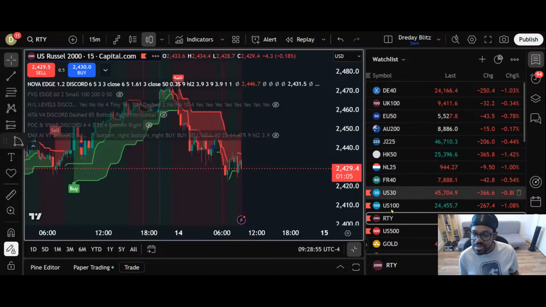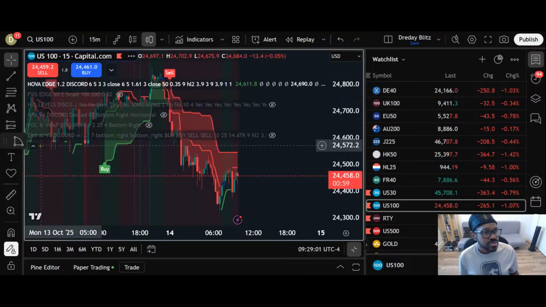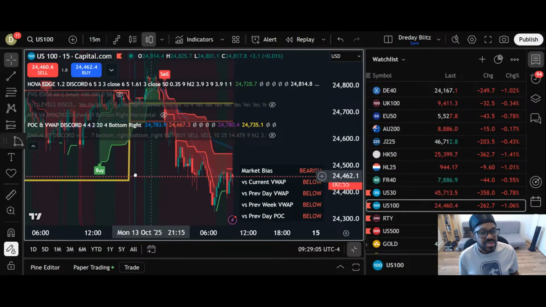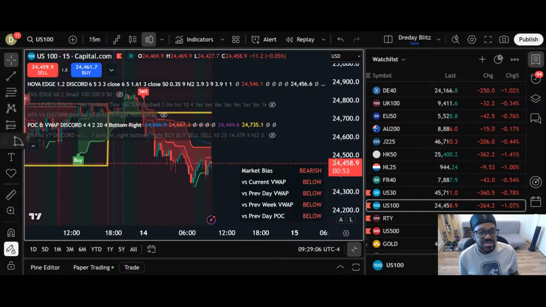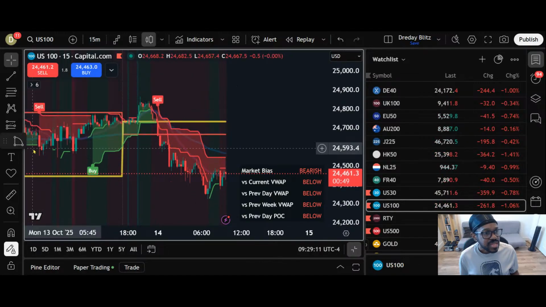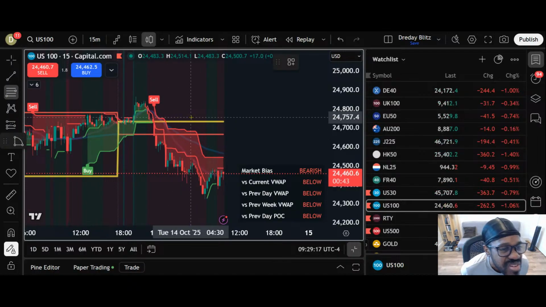Perfect. So I'm going to keep myself here on US100, so NASDAQ, and I'm going to open point of control. And we're going to look at the fib retracement. I'm looking at the swing high, swing low right now.